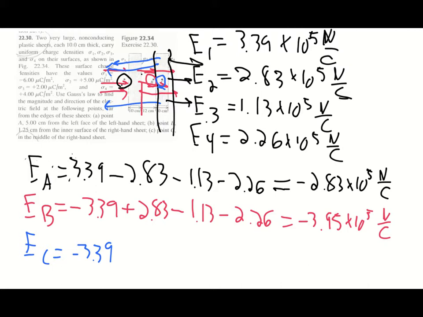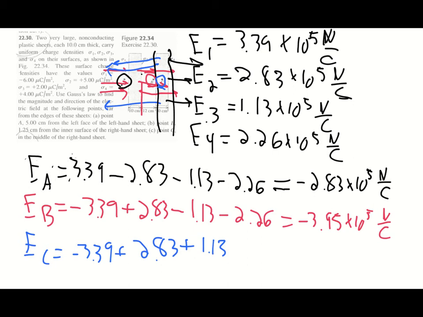The lines from the right edge of the left-hand slab are going to point to the right, so we're going to add those again, just like we did for B. This time, lines that come from the left-hand part of the right-hand slab are going to be positive, so we add 1.13.